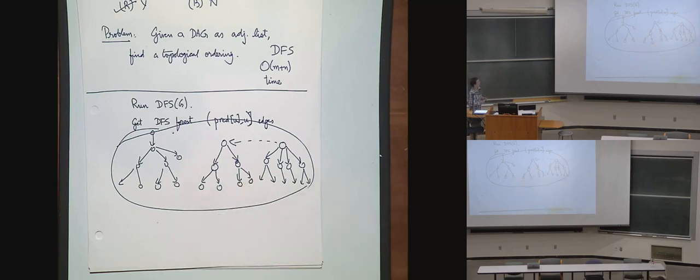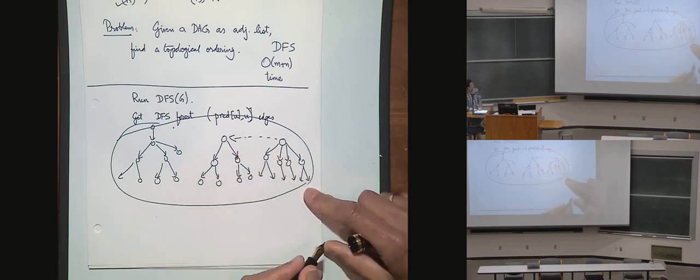So in DFS, what's important is to look at the tree edges, and the question is, what do the other edges of the graph look like? Right? So there are a bunch of other edges in the graph, and we're going to give them a definition. We're going to call them something depending on how they behave with respect to this tree. So you have edges like this.